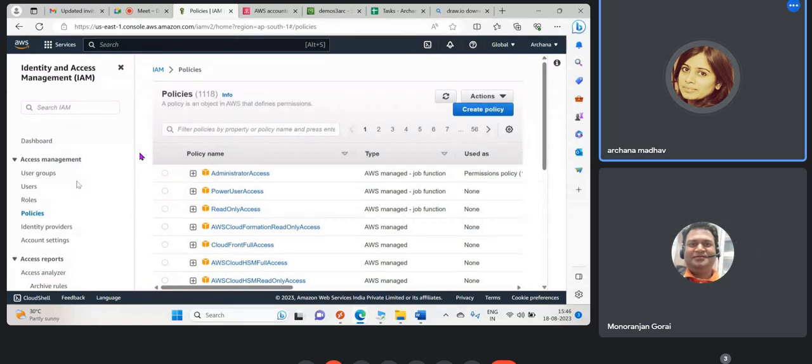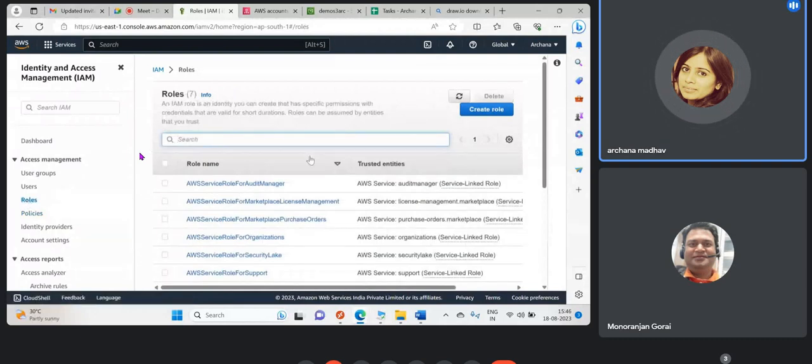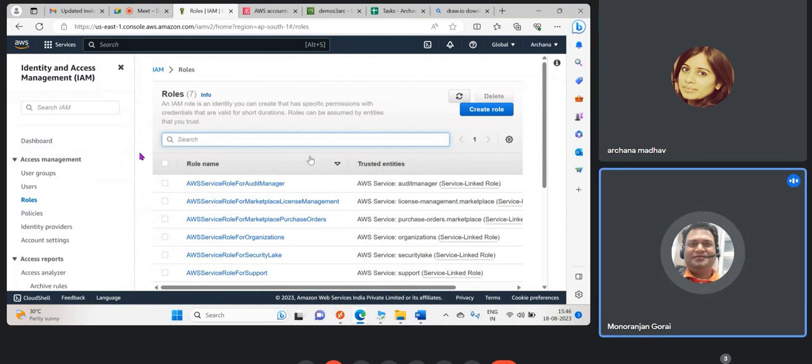So if I create a role and attach both the policies, in that case, will the users under this particular role have EC2 write or read? So it should have read and write both.